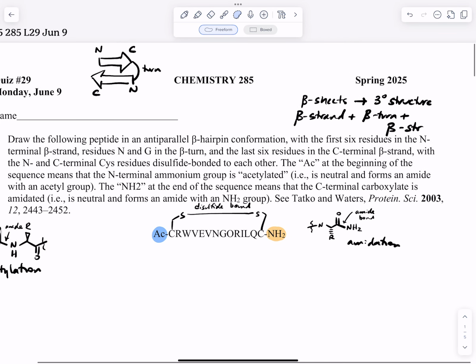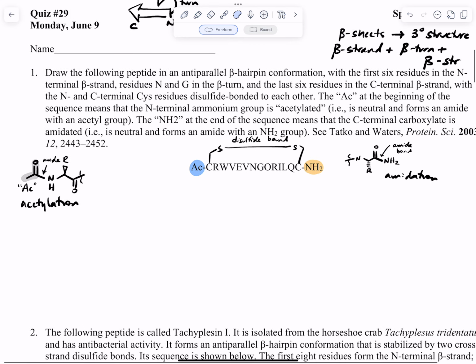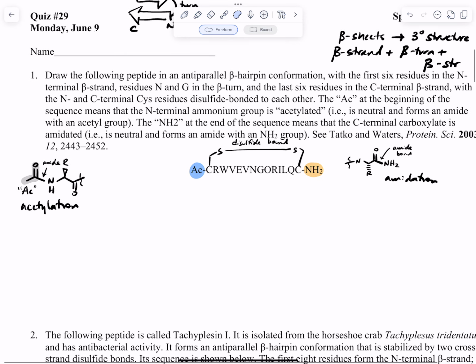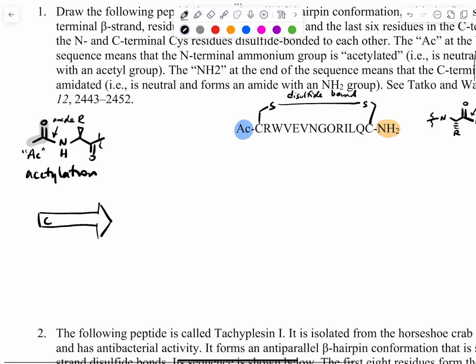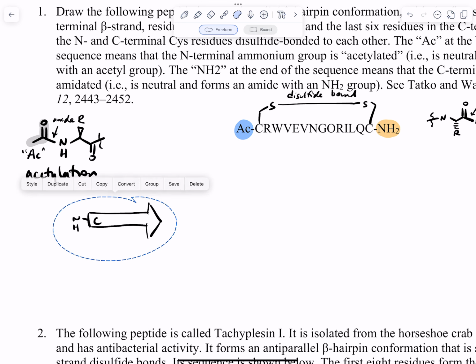If we're going to sort of adopt the cartoon version of this peptide, what we're going to expect to see is here is the N-terminal cysteine with its acetyl group. Gave myself need more space.